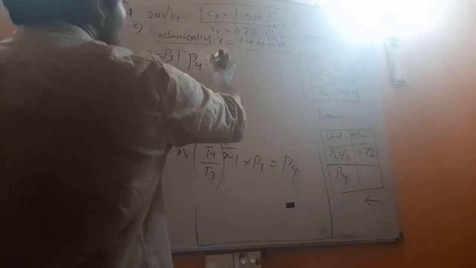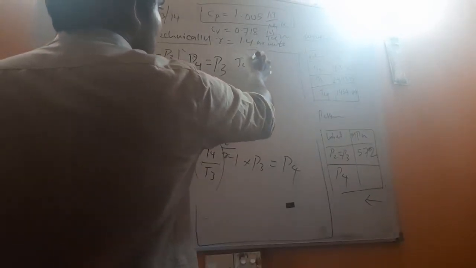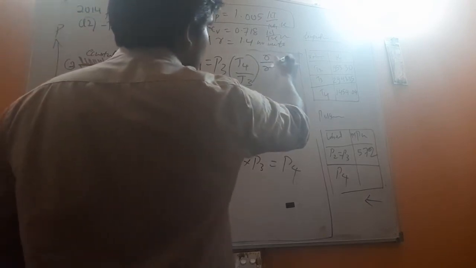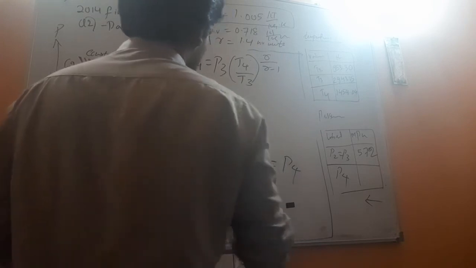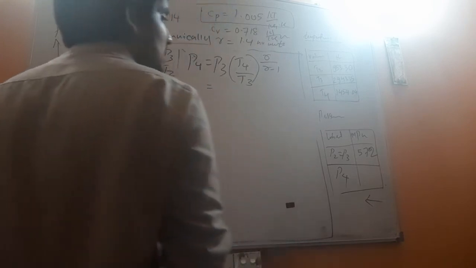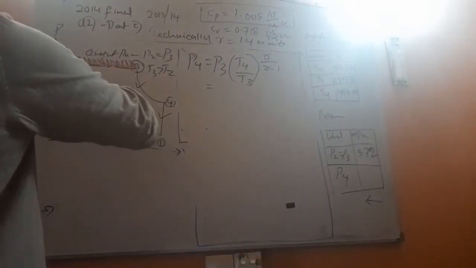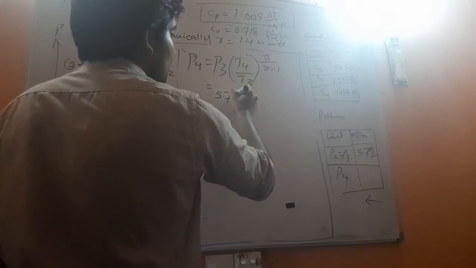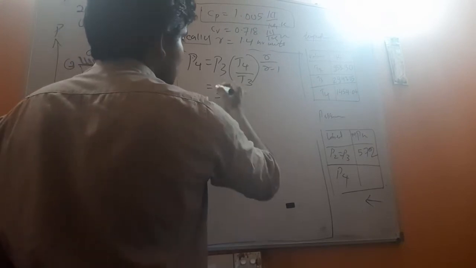I will again write the equation. P4 equals P3 times T4 divided by T3 to the power gamma over gamma minus 1. What is P4? You don't know. What is P3? P3 is a constant pressure process. You know P3, that is 5.72 megapascals.